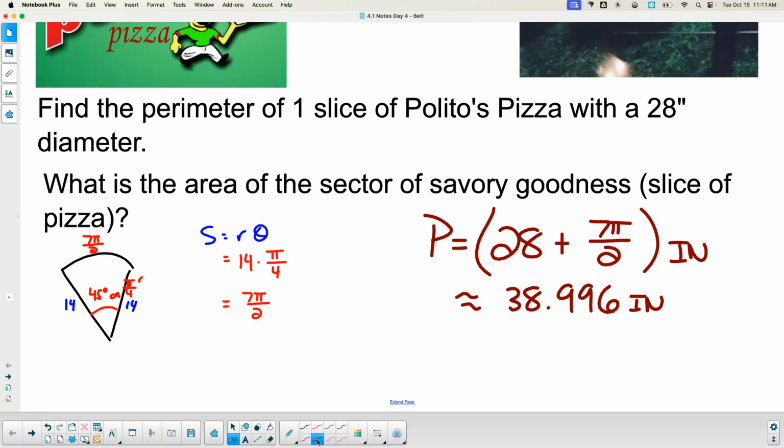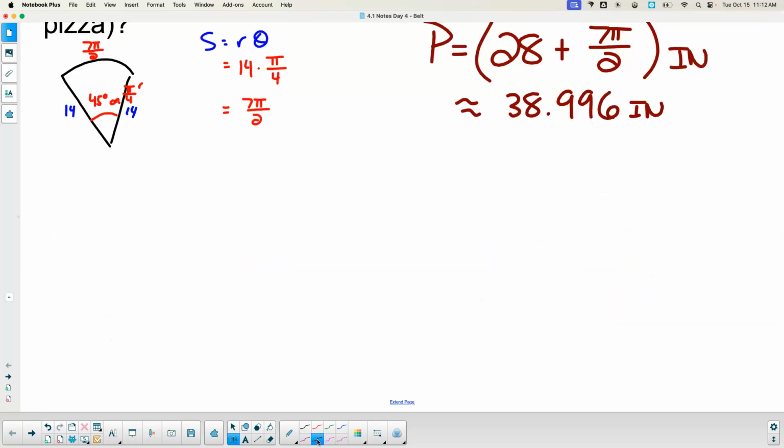Now, the other one is, what's the area? Jackie? Pi r squared is the area of a circle, right? So that's going to be pi times 14 squared.